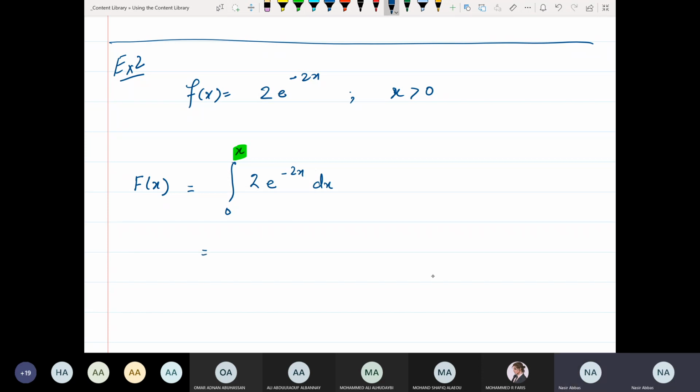So what is the integral of e to the power minus 2x? It is e to the power minus 2x divided by minus 2. Yes? Is it? I'm not good in integration. Is it or is it not?